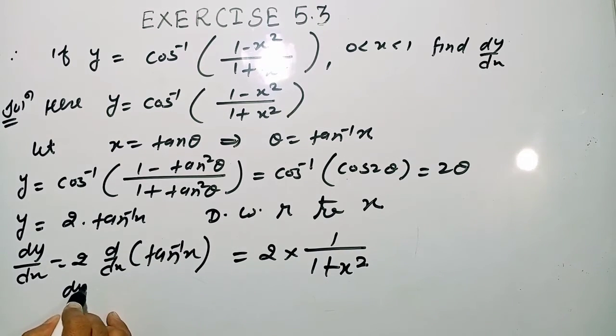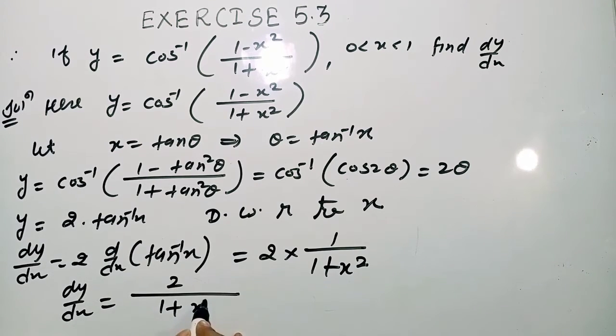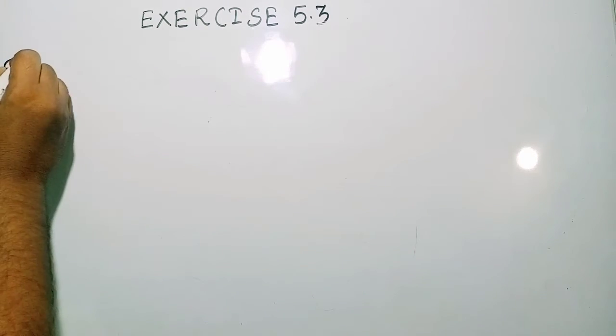So the value of dy by dx is equal to 2 upon 1 plus x square. Right students? In this way you can find out the differentiation of inverse function. Earlier we have seen how to find out the differentiation of sine inverse function, and this is what? Cos inverse function. Now moving to the next question.